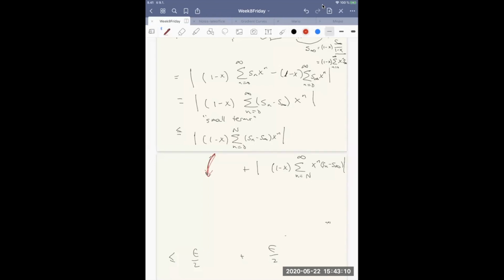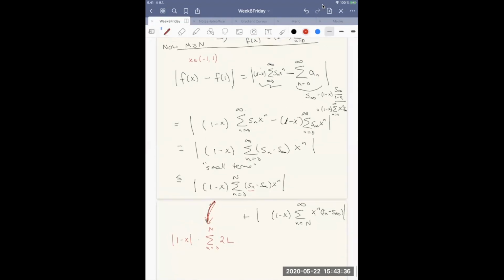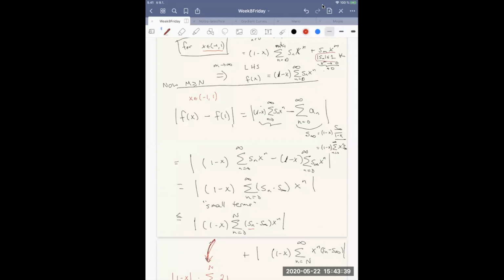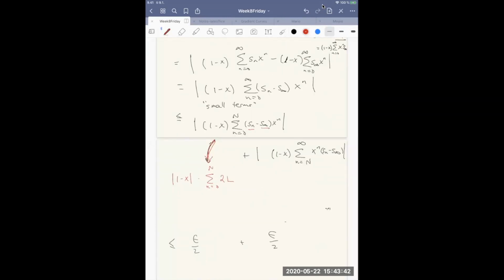So for the first one, what we will use is that this has a factor of 1 minus x times, if we estimate the sum from above, each of these terms we can bound by 2L, because S_n, recall, was bounded by L. And S infinity, because it's the limit of S_n, will also be bounded by L. And the x to the n we can bound by 1, because x is in (0, 1).